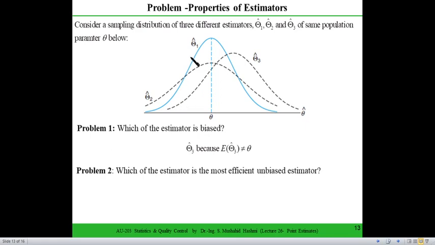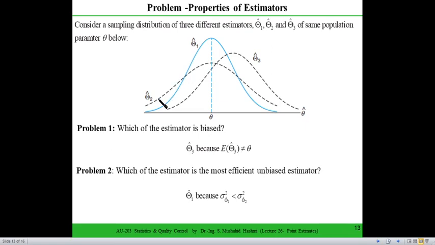But compared with theta 2, theta 1 has a smaller variance. So that satisfies the third condition, minimum variance estimator. That's why theta 1 would be the most efficient estimator, because it satisfies all three conditions.